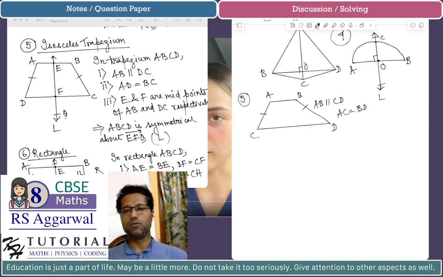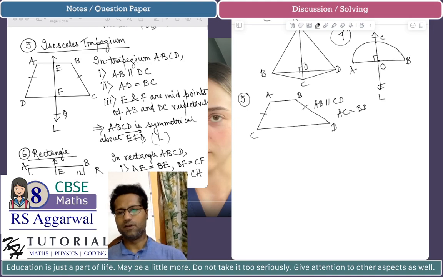That is, AC is equal to BD and AB is parallel to CD. Now, for this isosceles trapezium, sorry, my figure is not really looking like an isosceles trapezium, but just assume that it is one where AC is equal to BD and AB is parallel to CD.